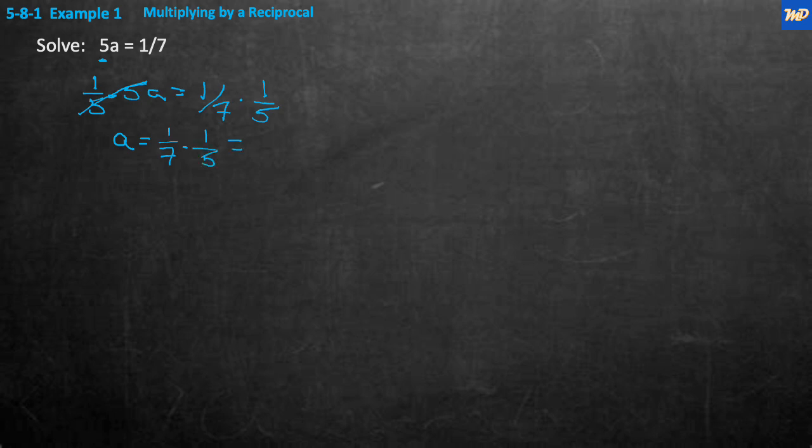And what is 1/7 times a fifth? Well, we learned in a previous slide that you multiply the numerators and you multiply the denominators. So a equals 1 times 1 over 7 times 5, and that equals 1/35. And that's our answer, 1/35.